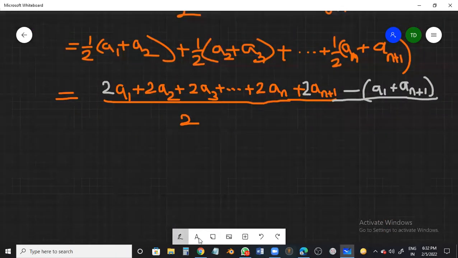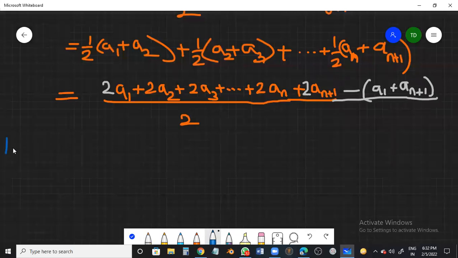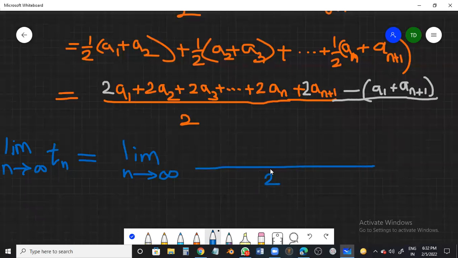So I hope all of you are ready. Limit as n tends to infinity of Tn. So it applies over here. Let me go with the limit as n tends to infinity and I write half of what I have in the numerator: twice a1 plus a2 plus and so on up to an plus 1.